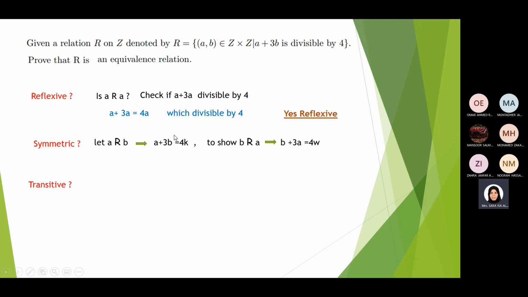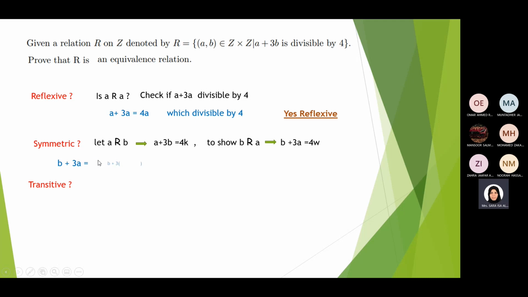This is my assumption. Now I know that A R B means, according to the definition, A plus 3B is divisible by 4, so A plus 3B equals 4k. What is B plus 3A? I will try to find out what B plus 3A is. I will take A from my assumption and substitute here.